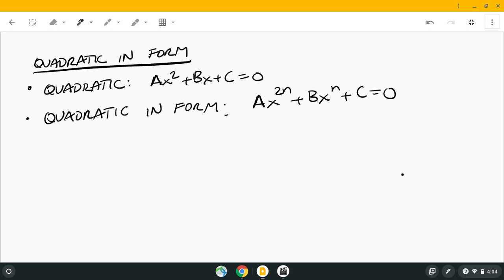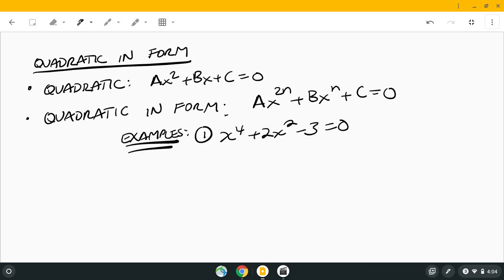Some examples: something like this, x to the 4th plus 2x squared minus 3. That's not a quadratic, but this is twice as much as that one, so this is quadratic in form.